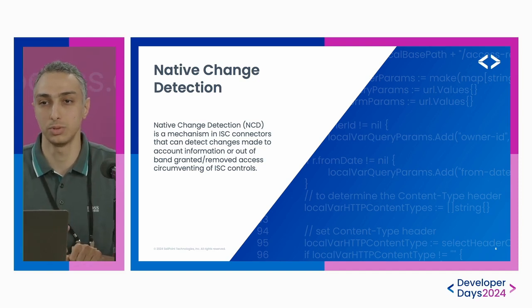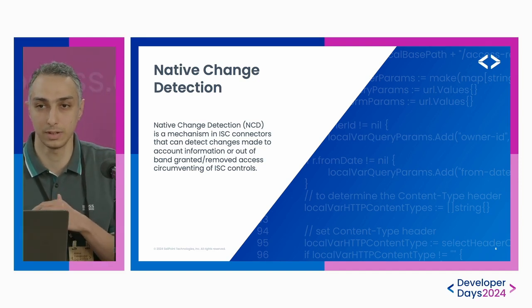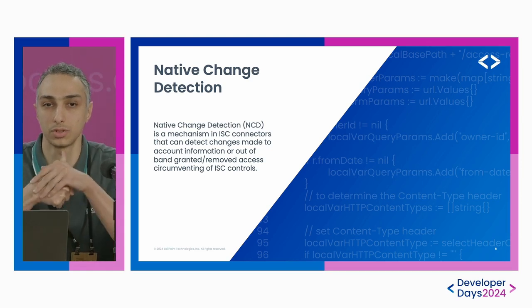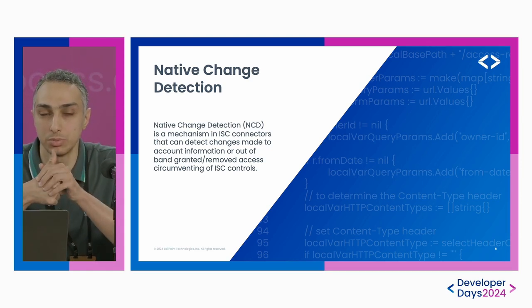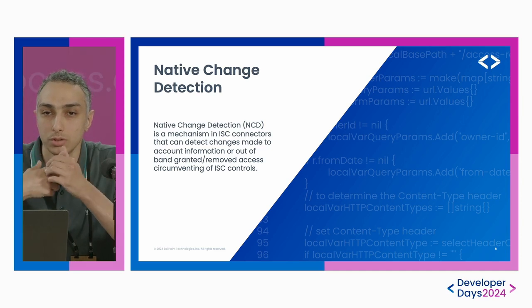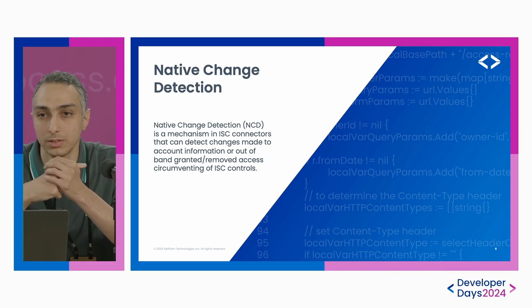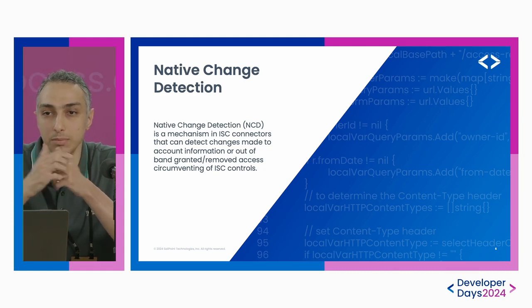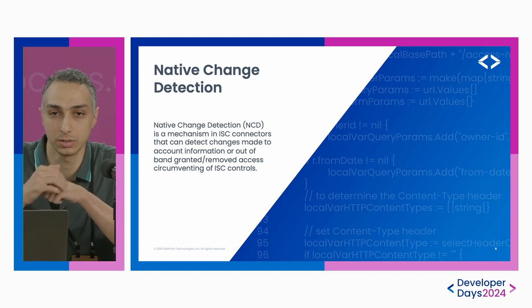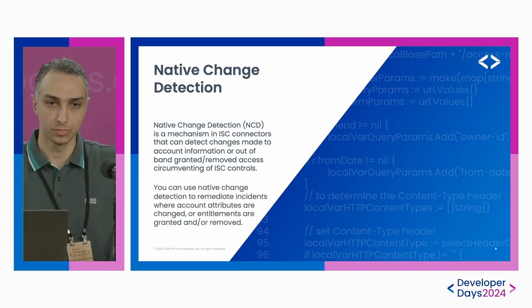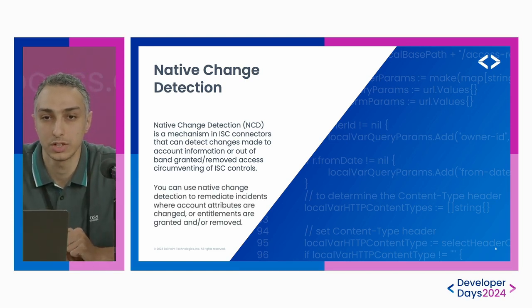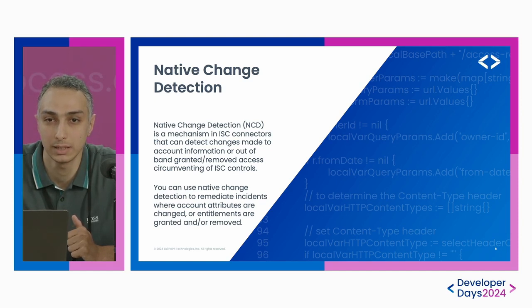We need to detect early and identify any threat to the security posture mentioned. We also need to make sure that any changes that happened out of band are detected, and that we have notifications and alerts about them. So using native change detection, we can monitor changes in account attributes and entitlements that could be added and removed, and also the non-entitlement attributes.